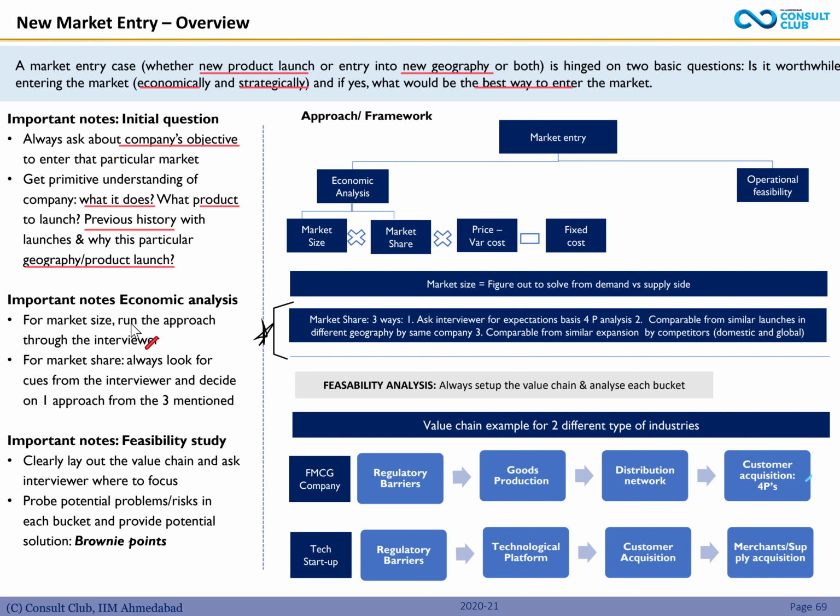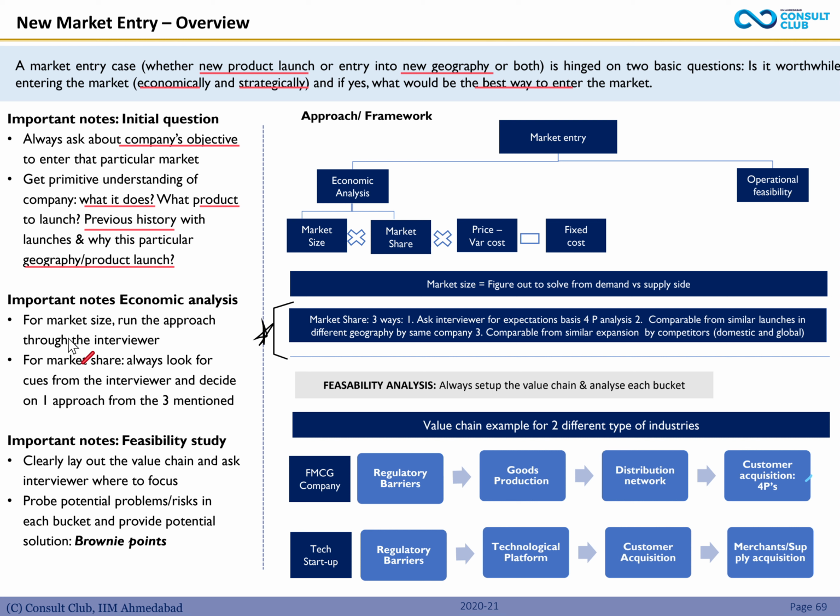Important notes: if it is economic analysis, for market size, run the approach by the interviewer. For market share, always look for cues from the interviewer and decide on the approach from the three mentioned. We are going to cover this in the later part of the theory, where I'll explain what the three types of approaches are.